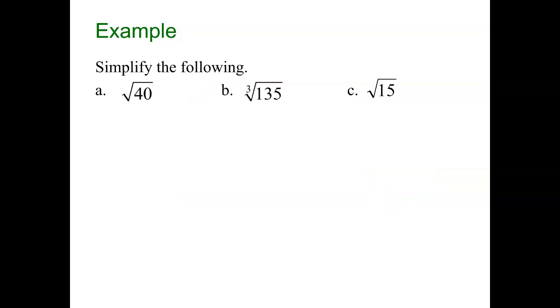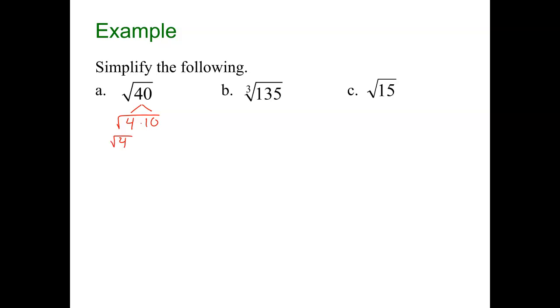Okay? Now, can I square root 40? No. Does 40 have a factor that I can square root? Not 5. 4. So let's factor 40 into the square root of 4 and 10. 4 is a perfect square factor of 40.